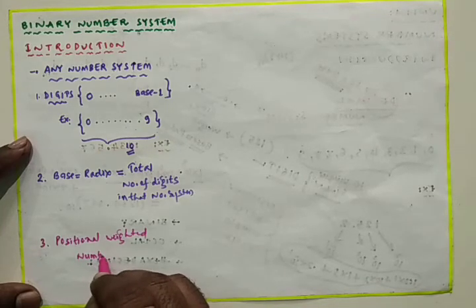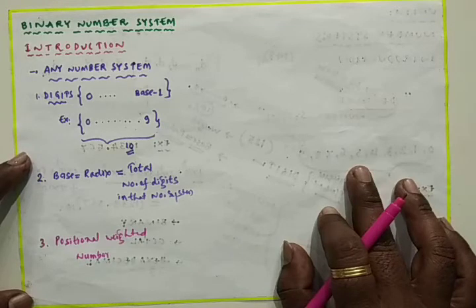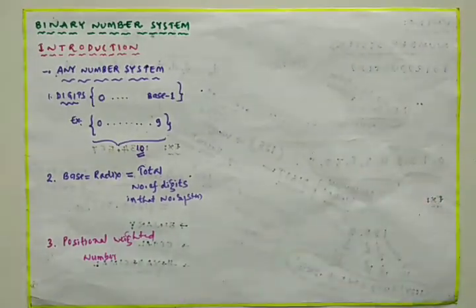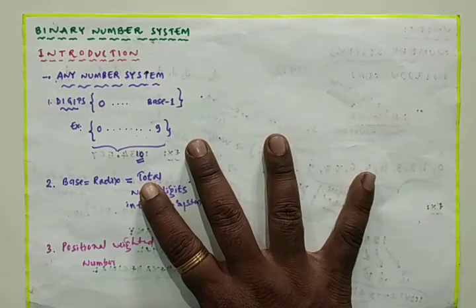If it follows the powers of 10, increasing with respect to the tens from the base point to the left side, and increasing in a negative manner to the right side, then we can call it a positional weight number system.